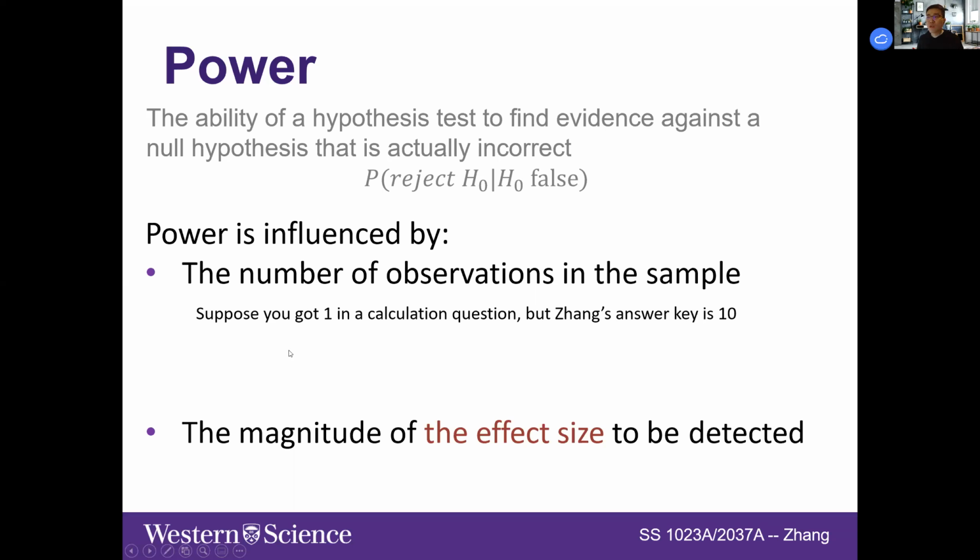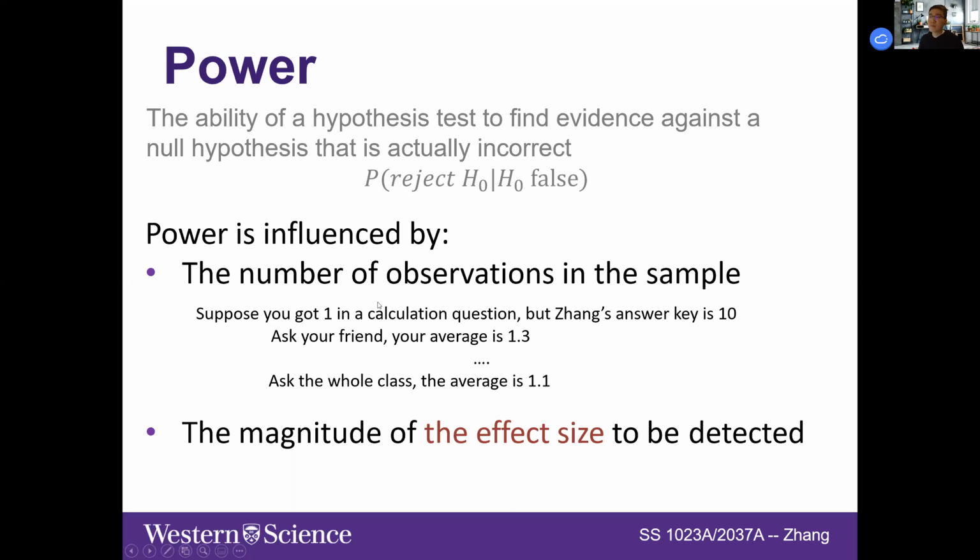So you ask your friend, and your friend gave you, say, 1.5, and in that case, you can calculate the average of the two values to be 1.3. And in this case, you are more confident that probably the null hypothesis of 10 is wrong. And finally, after asking the whole class, you get the average to be 1.1, and in that case, you are very, very sure that our null hypothesis is incorrect.